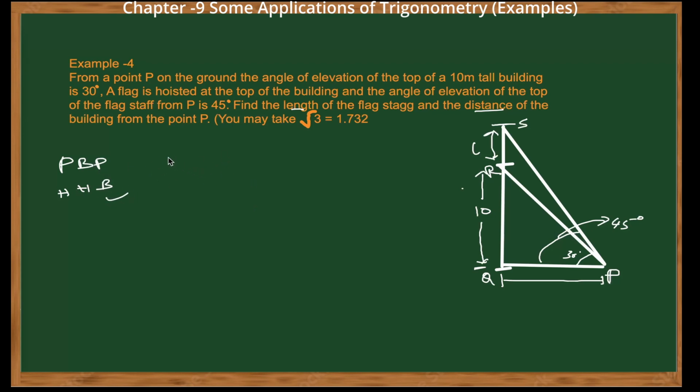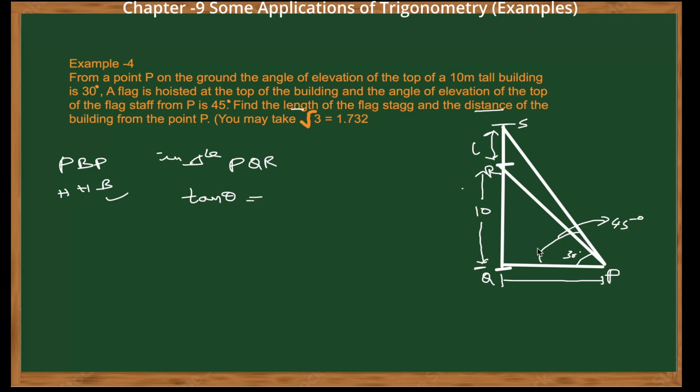So in triangle PQR, with this we'll get this value. We will take tan theta. Why do we take tan theta? We have seen it is perpendicular by base.